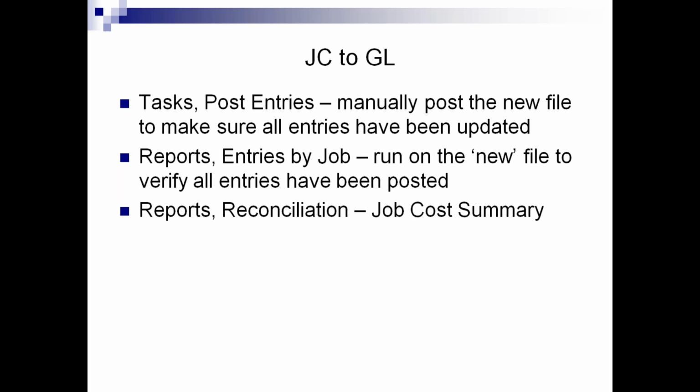You can run entries by job on the new file to make sure everything has been posted. And then we're going to run the job cost summary report inside job cost to make sure that it balances. So post everything, verify everything's been posted, then run your job cost reconciliation summary report.